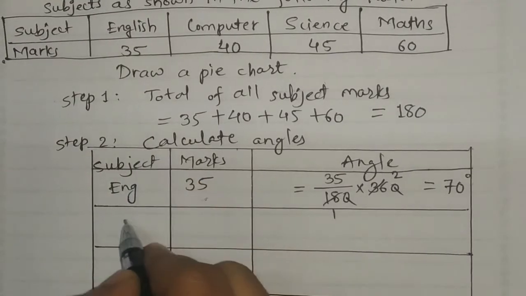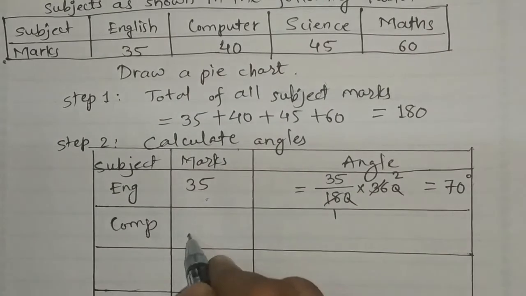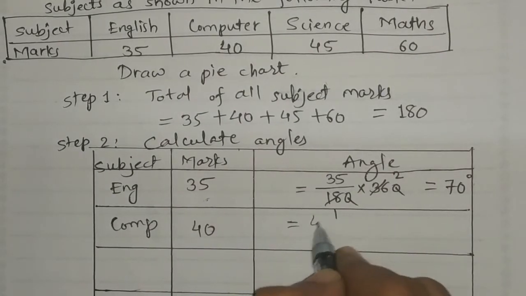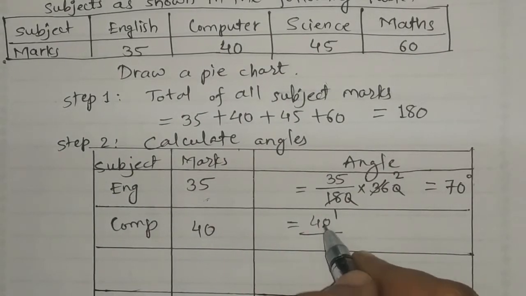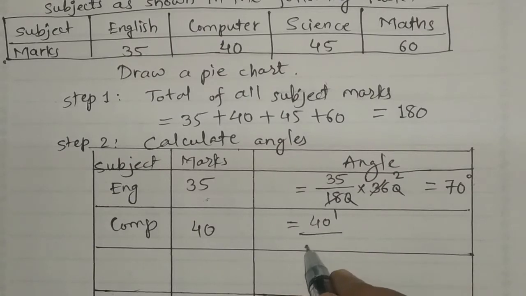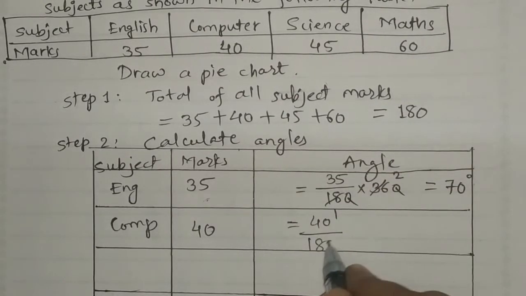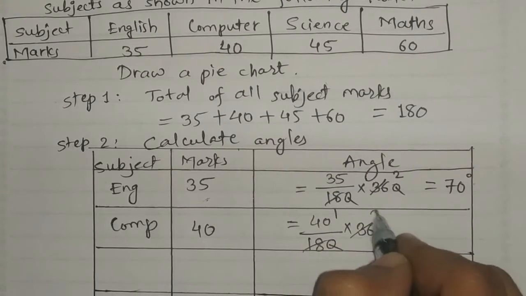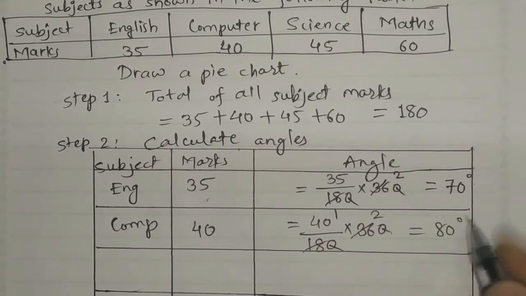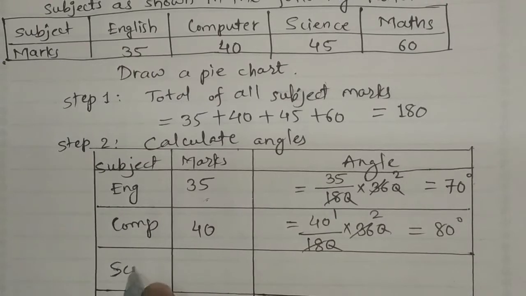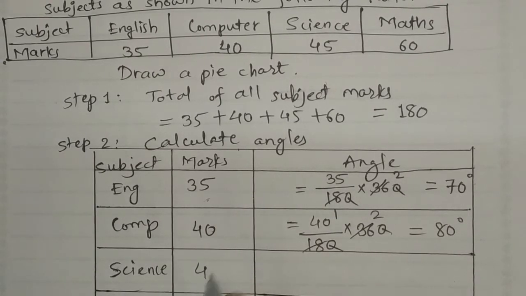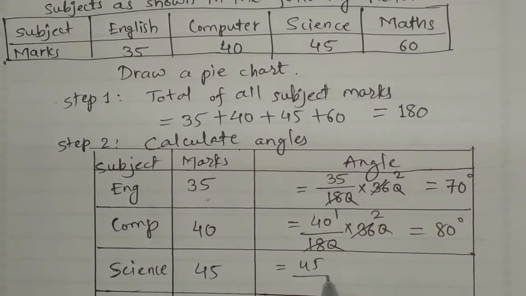Next for the computer subject, computer marks is 40. So 40 upon 180, that is the value of one component divided by the total value, into 360 for the complete angle. Again we can do this, 18 twos are 36, and we'll get 80 degrees. Next for the science, it is 45 upon 180 into 360.